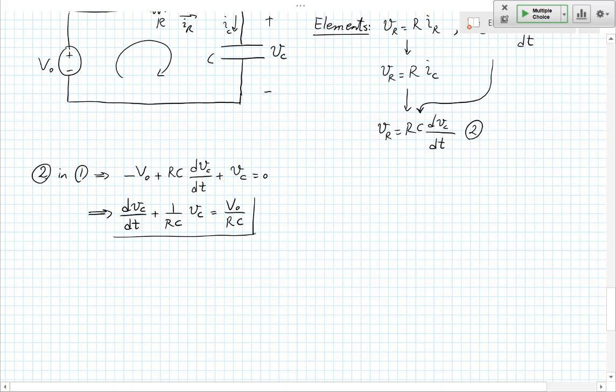R, C, and V naught are known parameters of the problem. This is a first order linear ordinary differential equation in VC as a function of time. Maybe let me spell this out.